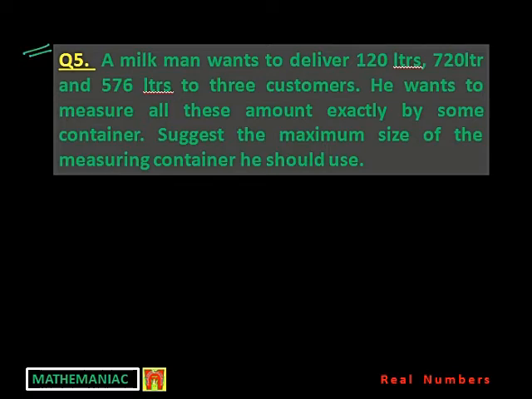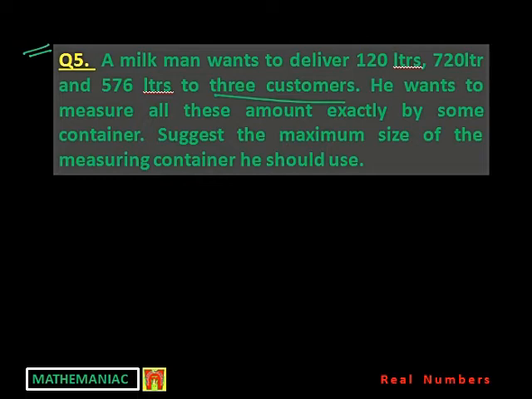A milkman wants to deliver 120 liters, 720 liters, and 576 liters of milk to 3 customers. He wants to measure all these amounts exactly by some container. Suggest the maximum size of the measuring container.